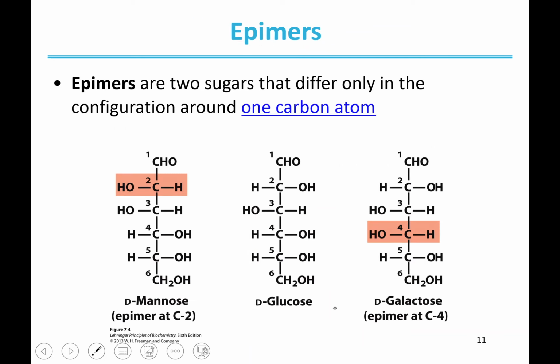Okay, a type of diastereomer that we talk about in terms of sugars is epimer. What an epimer means is that it's a sugar, or two sugars, that differ only at one carbon, the configuration around one carbon atom. So if we look at the example given, D-glucose is shown here, and we'll look at glucose quite a bit. Glucose, we'll see this later, is an aldose.